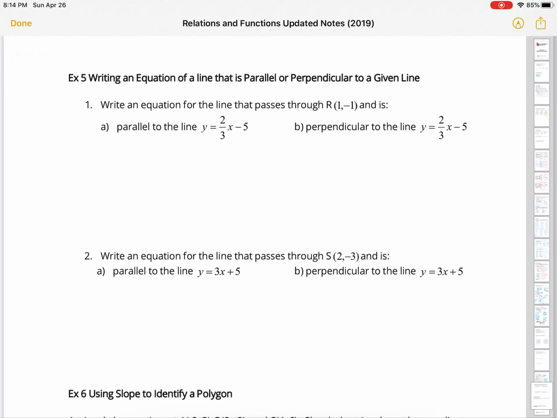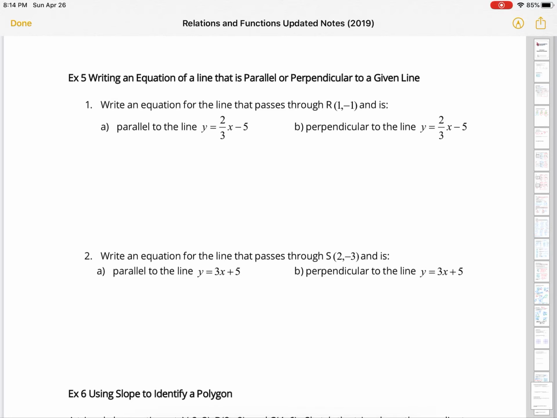So let's take a look. As soon as I scroll up. Okay. Writing an equation of a line that is parallel or perpendicular to a given line. So we're mostly using our y equals mx plus b form of a line here. And we're going to use the information there and figure out the equation for those lines, okay?